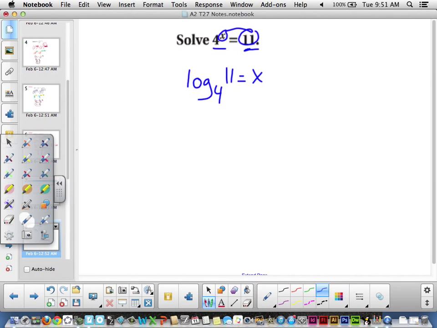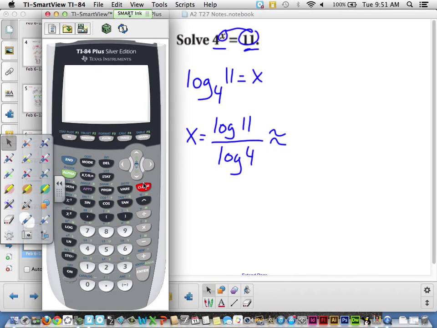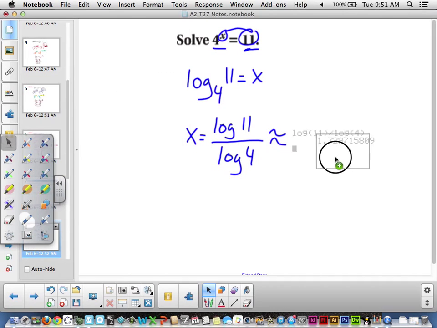And if you remember our change of base formulas, because your calculator doesn't do log base 4, x equals log 11 divided by log 4, which is approximately 1.73.